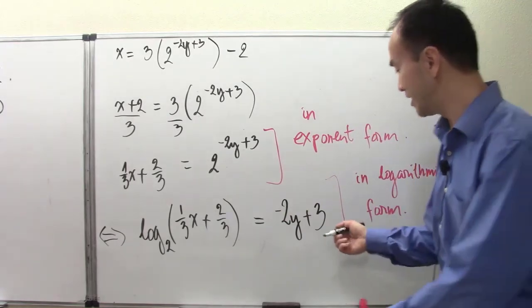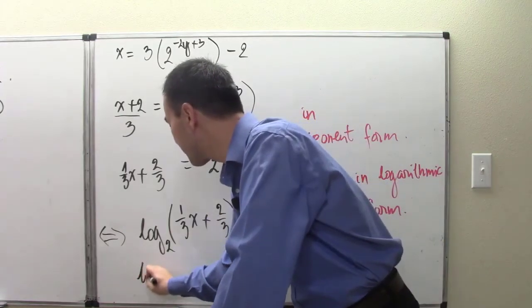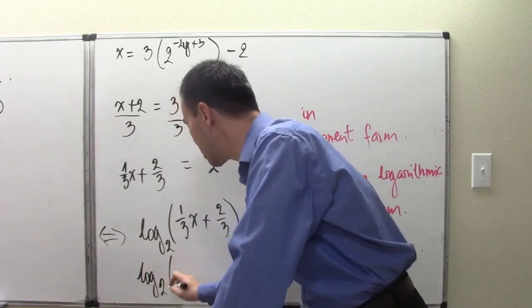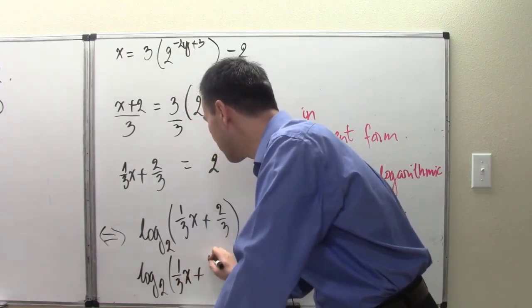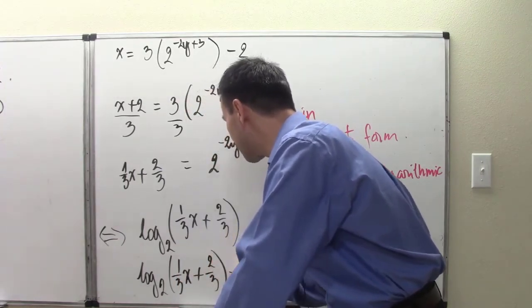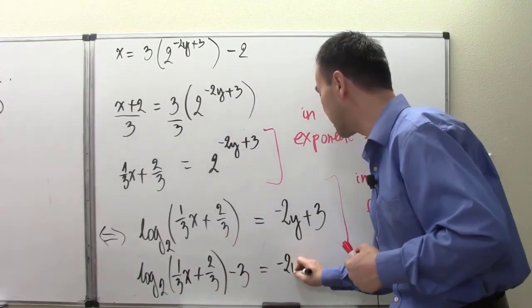Now I'm going to subtract 3 from both sides, rearranging it into log base 2 of 1/3 x plus 2/3. But now I'm going to subtract 3 from the left hand side, and all that equals minus 2y.